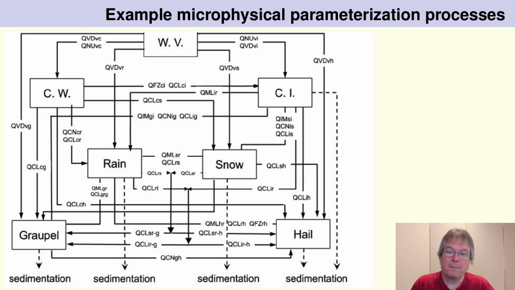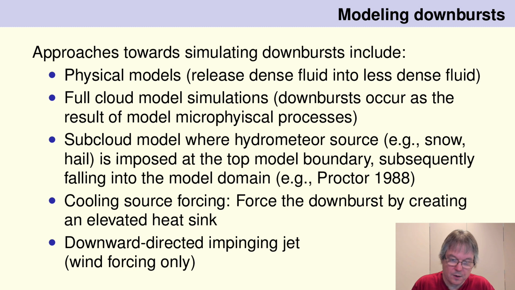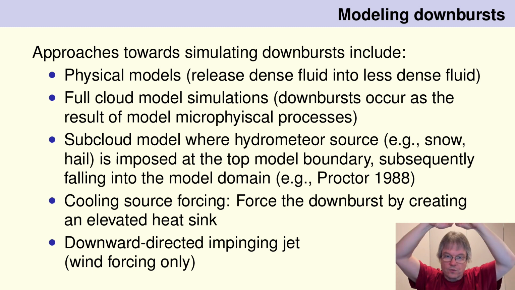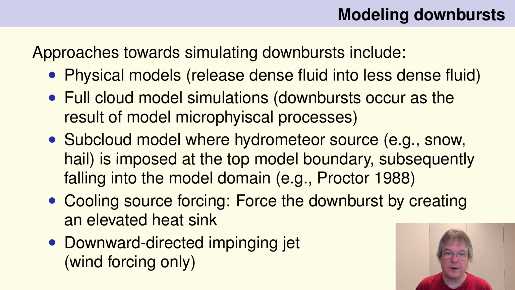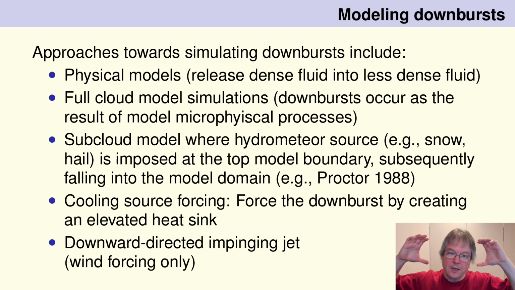So, okay, approaches towards simulating downbursts include physical models. And you have more experience with this than I do as engineers, I think. My collaborator, Eric Savory, has these rooms where he has these tanks, and very carefully controlled denser fluid is released into a tank surrounded by less dense fluid. You have lasers watching everything and modeling this thing.